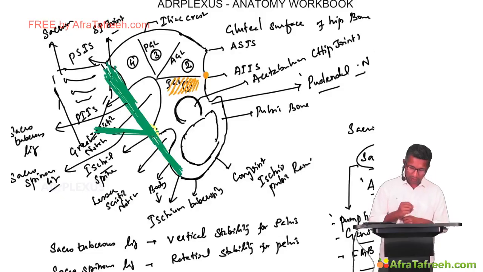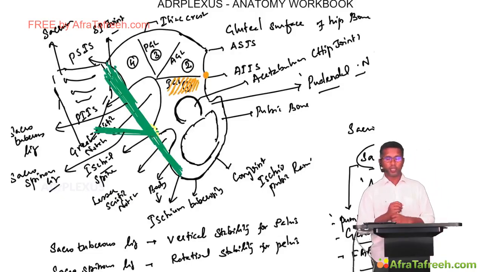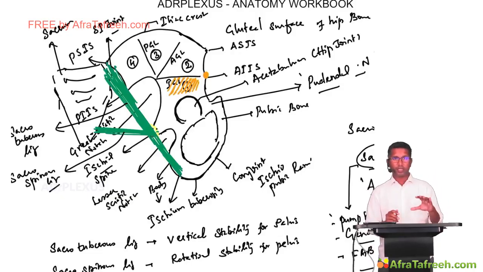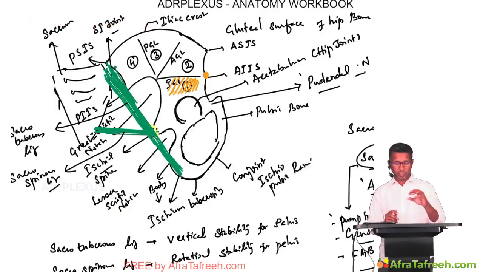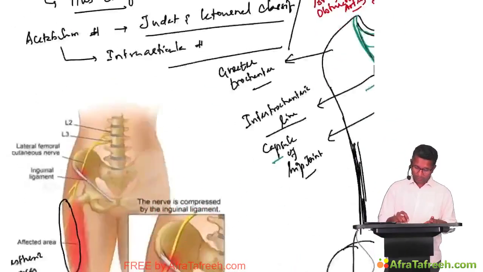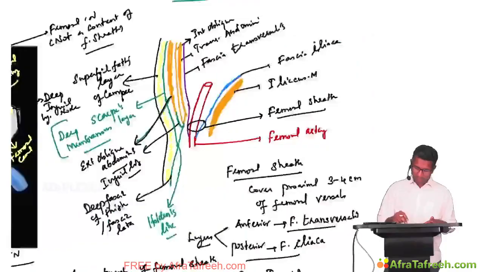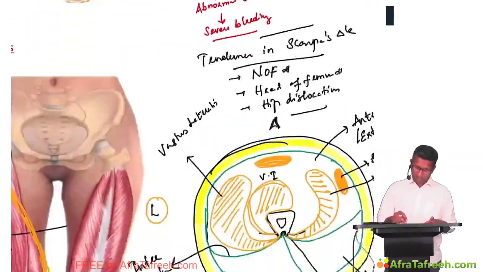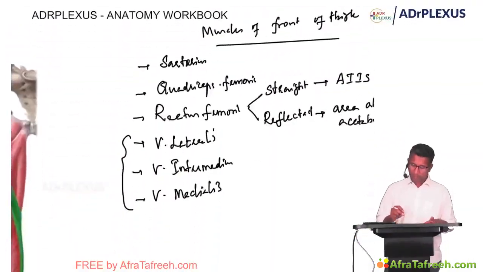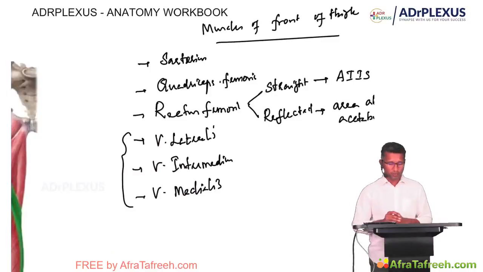Only when you study osteology like this can you easily understand where the muscle takes its origin. So rectus femoris has two heads, a straight head and a reflected head, and I hope you understand the origin of these muscles.